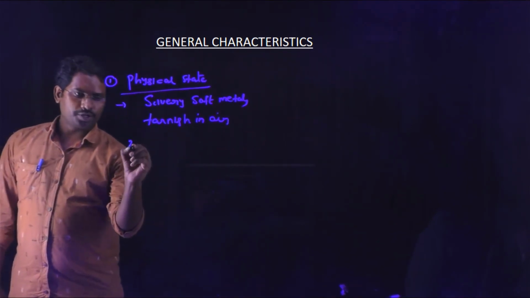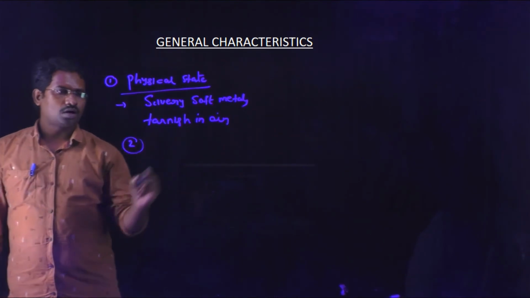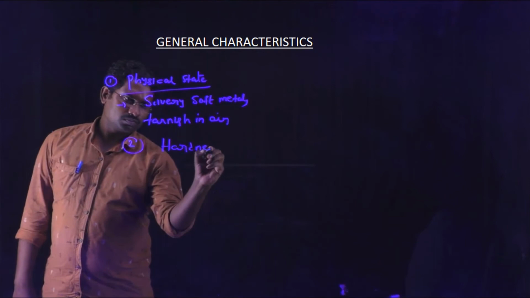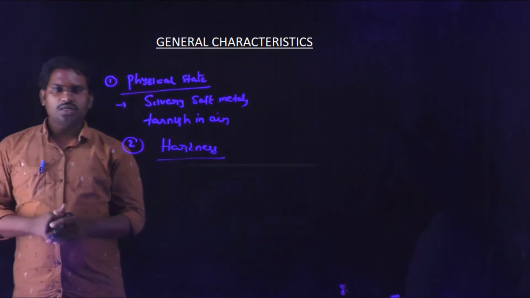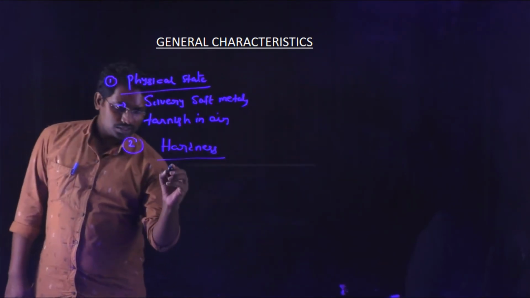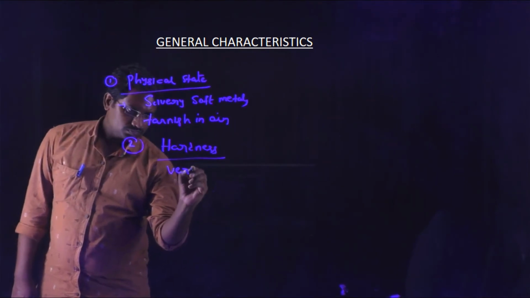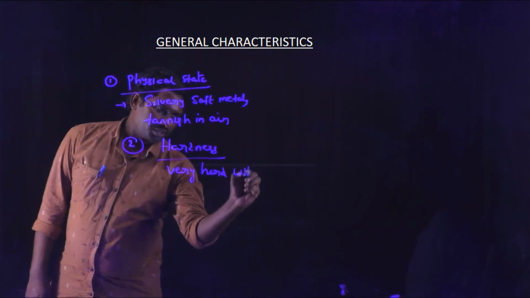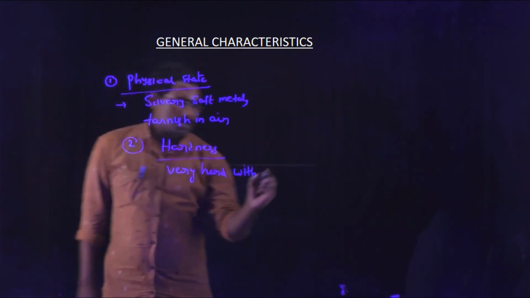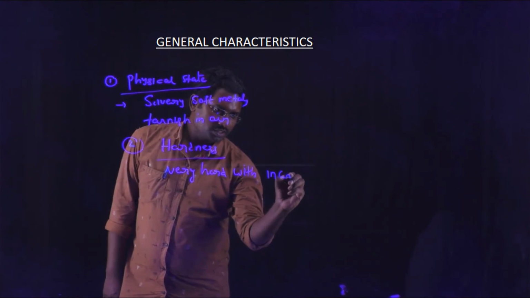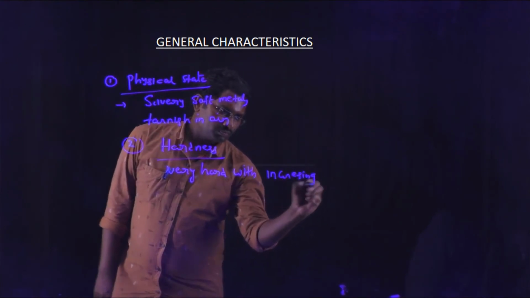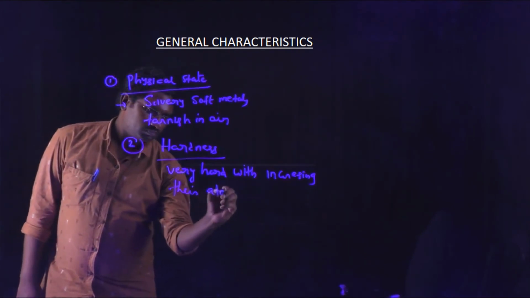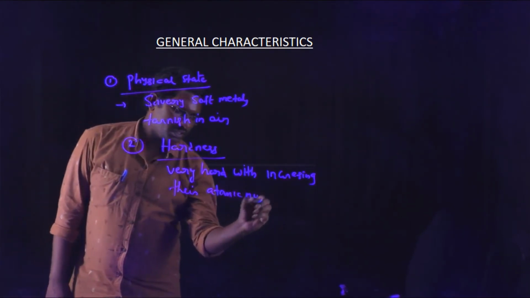The second important property is hardness. Generally these lanthanide metals are very hard, and the hardness increases with increasing atomic number.